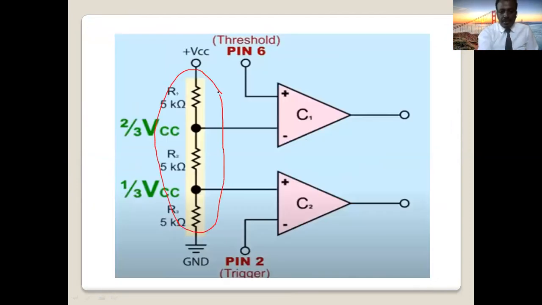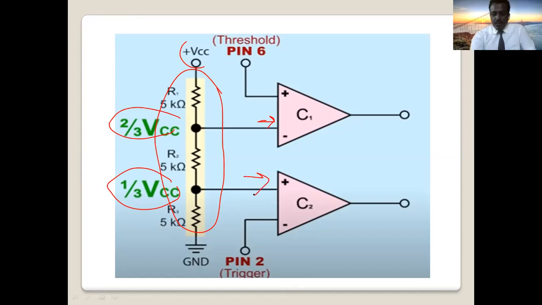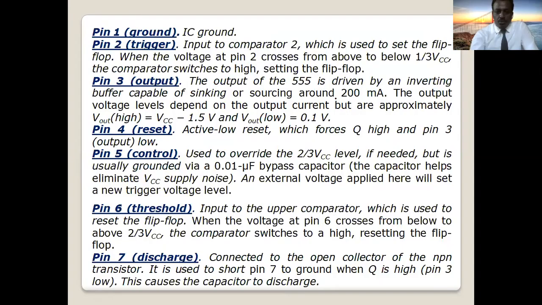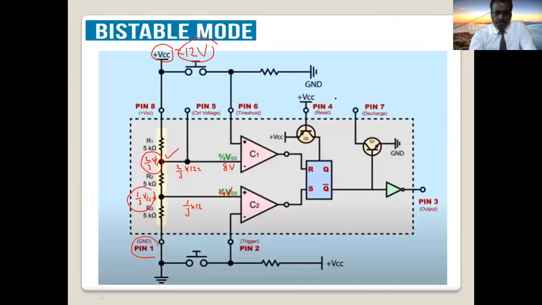Whatever battery you apply is divided into 2/3 and 1/3. 2/3 is connected to the first comparator, 1/3 to the second comparator. So what is the second part of a timer? The comparator part.